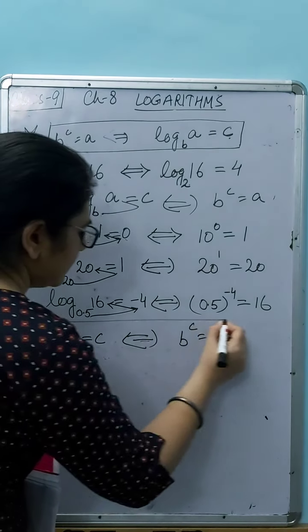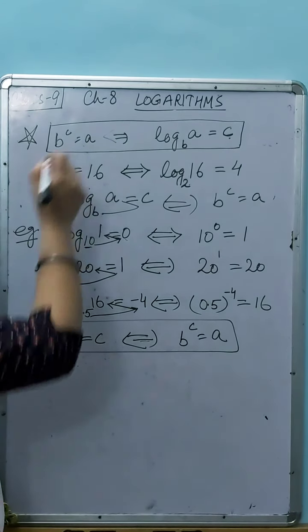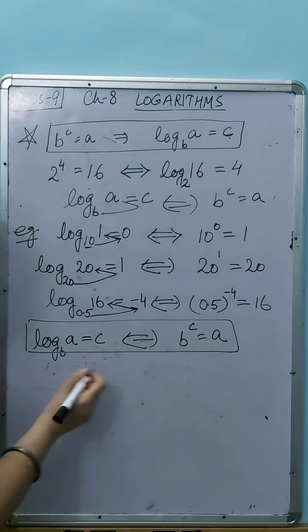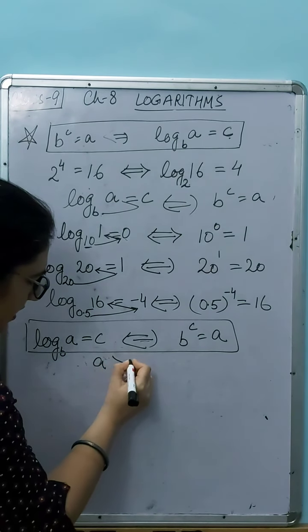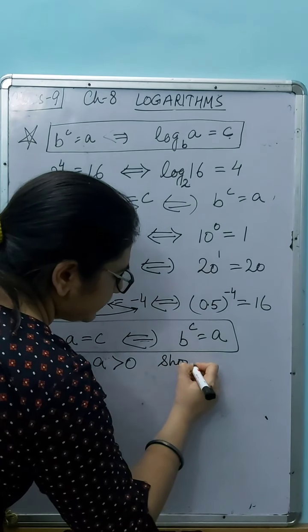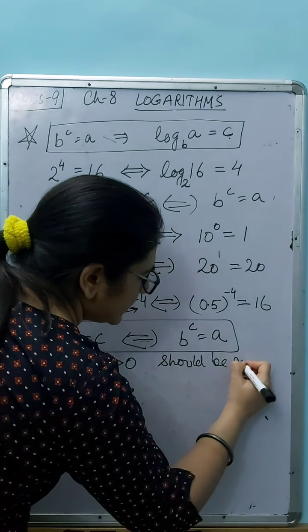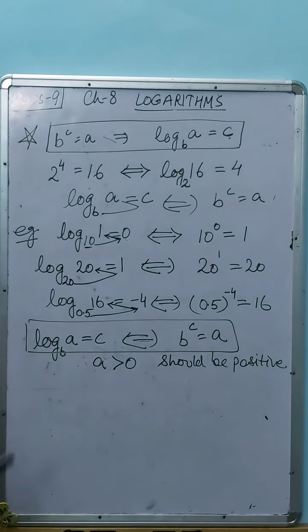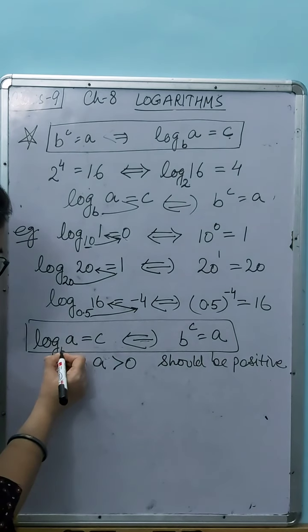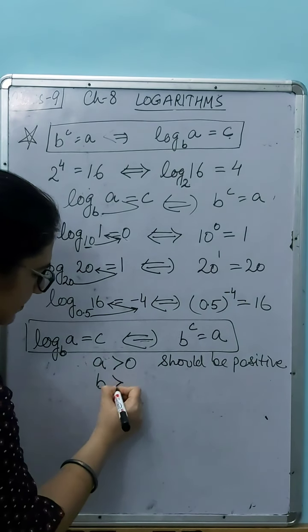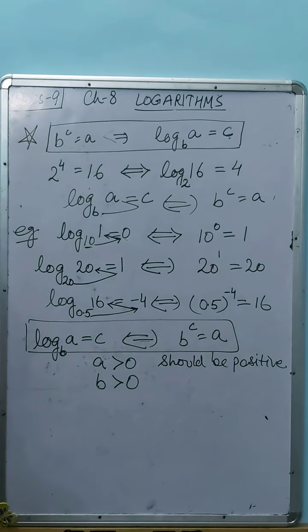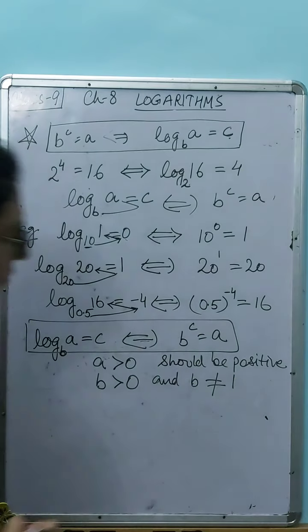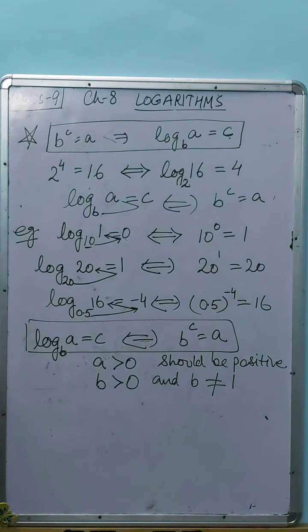This result, which I have written on the top of this board here, has certain conditions. So these conditions are always: a should be greater than 0, it should be positive. This base b should be greater than 0, and b should not be equal to 1.